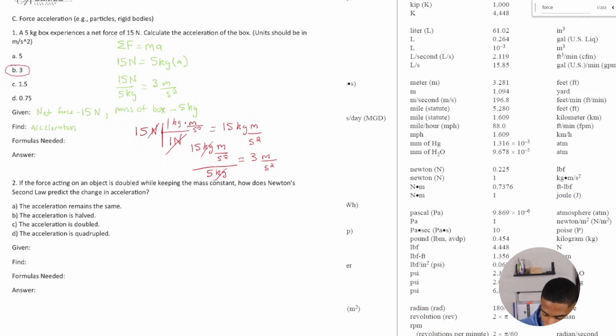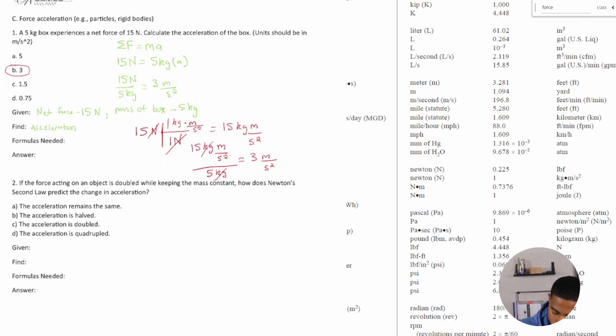Right, so the information that I'm given is a change in acceleration. Or sorry, we are given on the object, force is doubled.